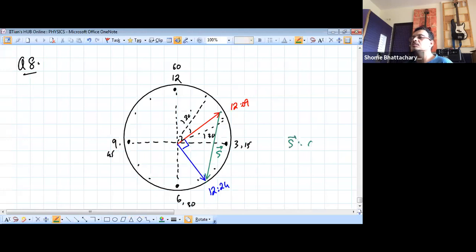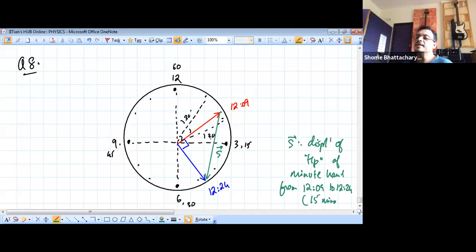This is the displacement of the tip of the minute hand from, in my case, 12:09 to 12:24. But more importantly, 15 minutes. In 15 minutes. Okay. So कहाँ भी हो ये magnitude तो same होगा.